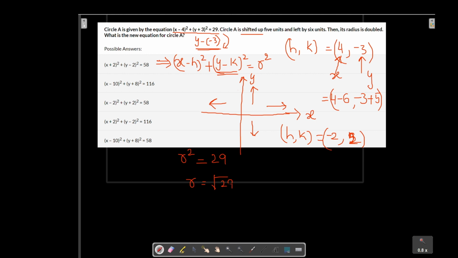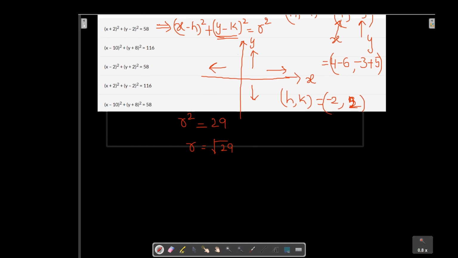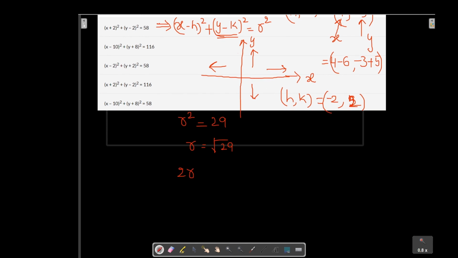Now the radius is doubled. We need to double it. It means 2r. 2r will be 2 root 29. This is our transformed radius.